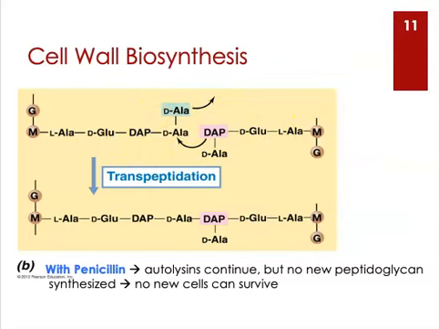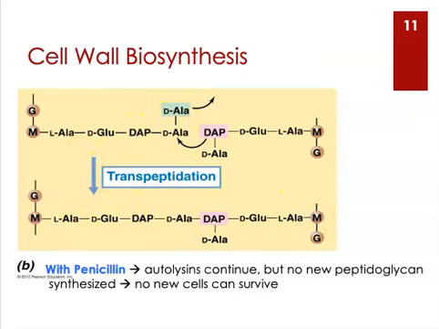That transpeptidation step is critical, because if you don't build the new peptide bonds, the new cell wall won't have any strength to it. It turns out that penicillin interferes right here. Penicillin interferes with transpeptidation.